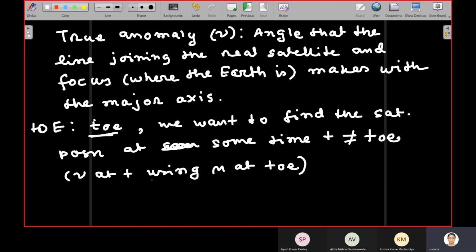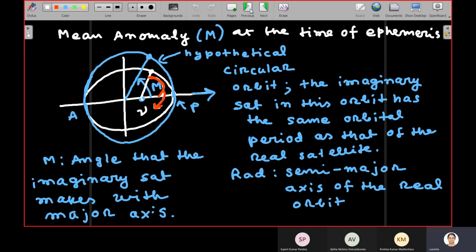So we'll understand that. Now, see this blue satellite, the imaginary satellite goes in a circular orbit, meaning it has the same angular velocity, right? Because it is moving in a circular orbit, same angular velocity. And what is that angular velocity? Let's denote it as n. It has a name, okay?